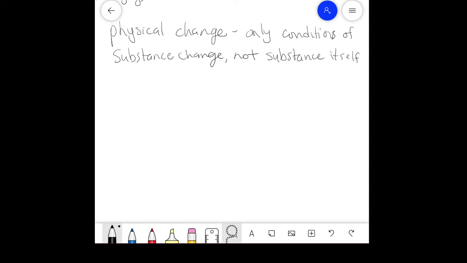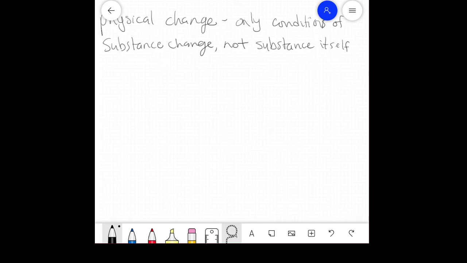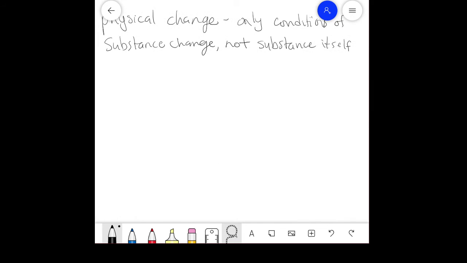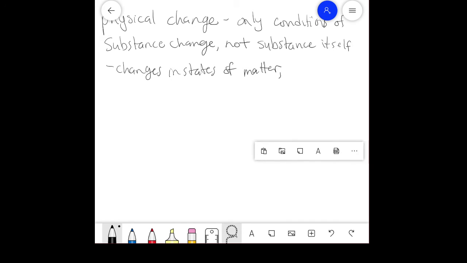So the chemical formula is still the same. Examples of this would be changes in states of matter, cutting, slicing, shredding, dissolving. You're just changing how it looks.